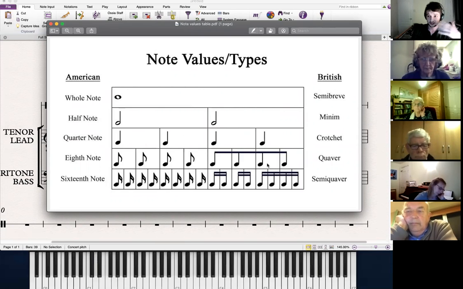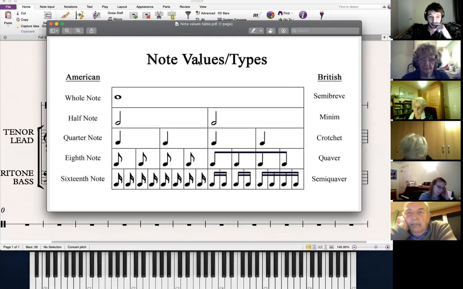Not all of you will have understood exactly what they are and what they mean, but note values are what we use to write down rhythm, essentially. Note values, how long a note lasts, and pitch are two completely different things, really.